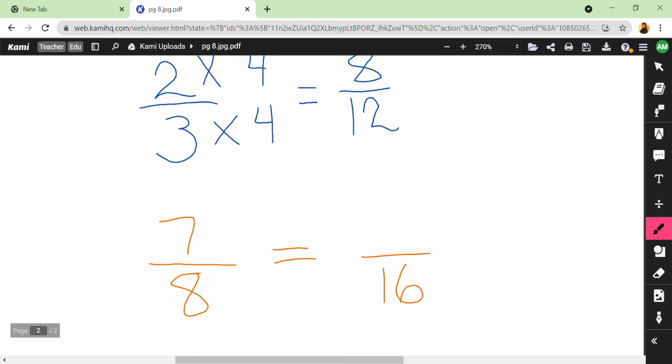Well, here we simply need to think, what can I multiply 8 by to get 16? 8 times 2 is 16. Therefore, I'm going to do the same thing at the top. 7 times 2 is 14. 7/8 is equivalent to 14/16.